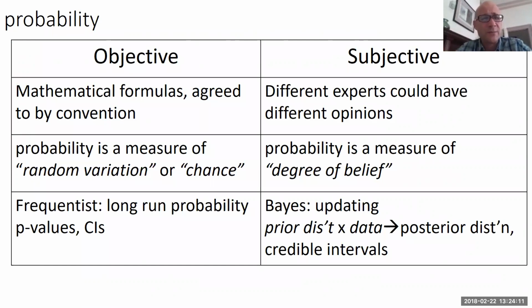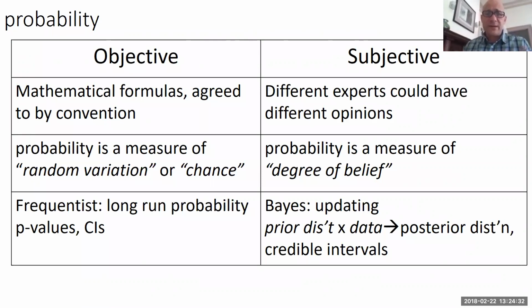It's also objective because once you agree on the mathematical formulas and the assumptions behind those formulas, everyone's going to get the same answer. You're just plugging numbers into a formula. Whereas on the other hand, with subjective probability, different experts could attach different numbers to their opinions.